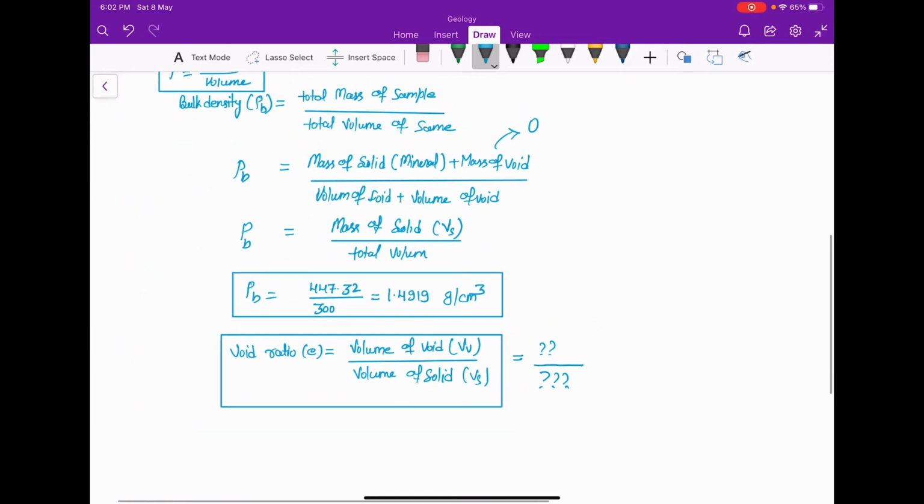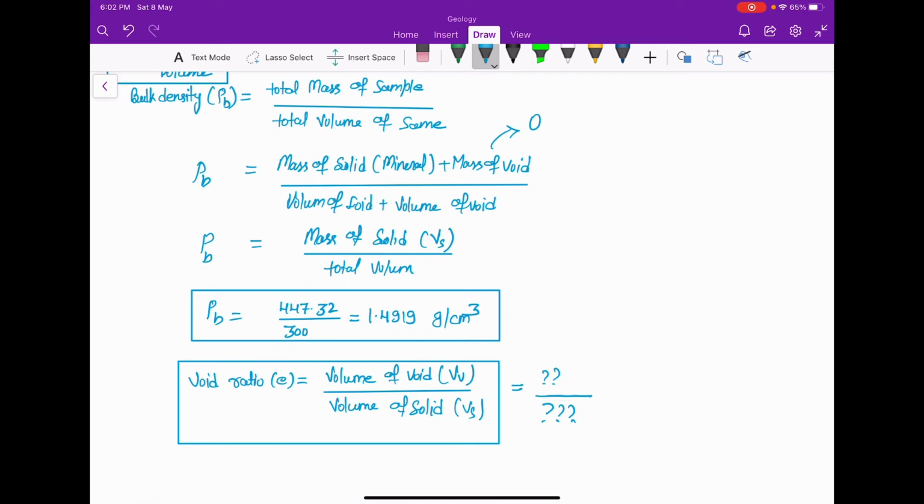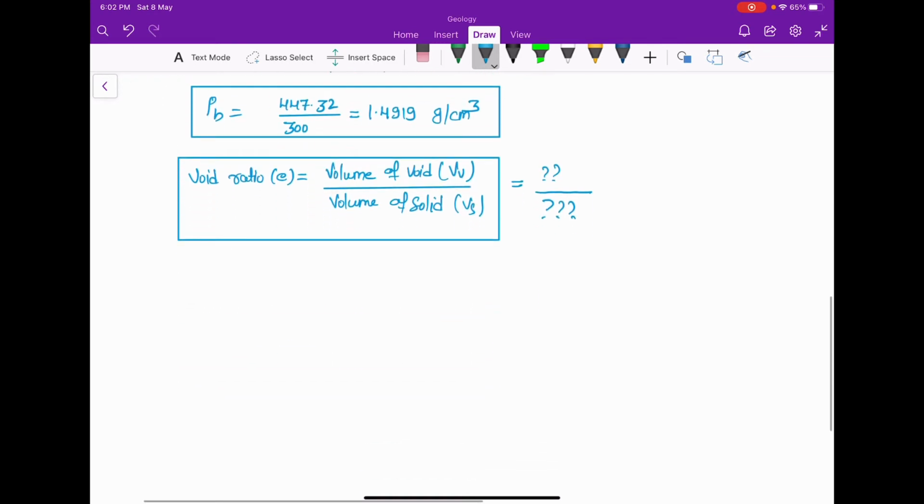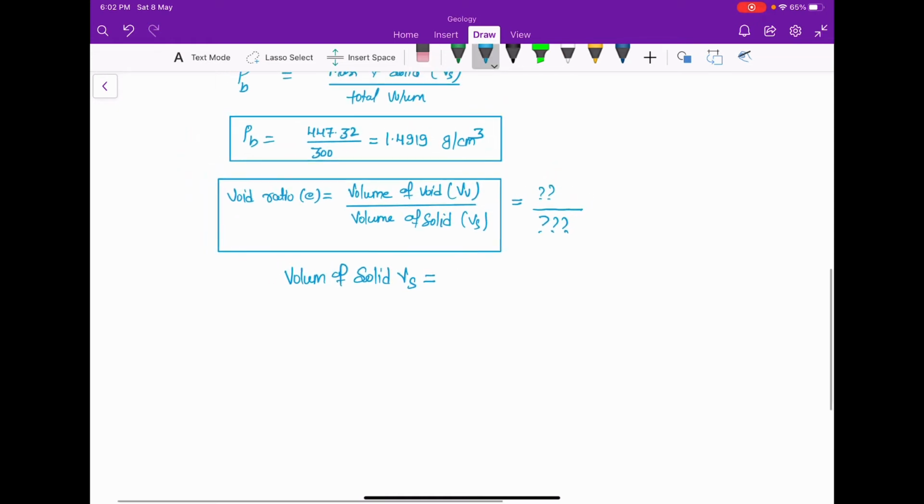So the volume of solid, Vs, is equal to the weight of solid divided by the density of solid.